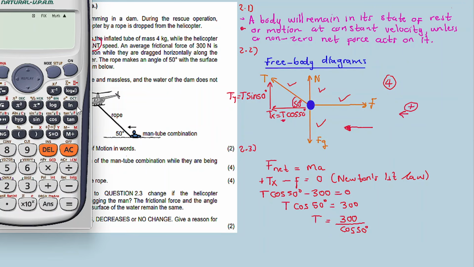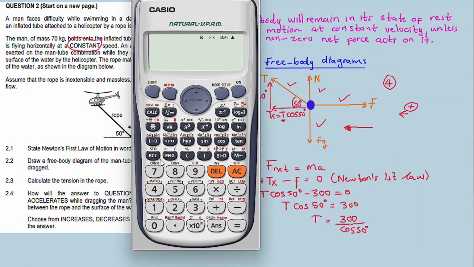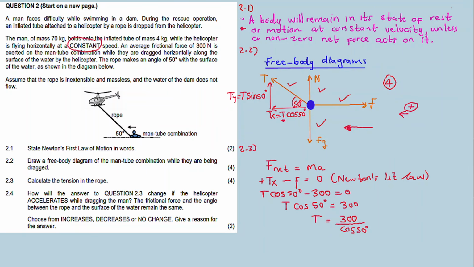Okay, calculator. 300 divided by cos 50 degrees is equal to 466.72 newtons. So this is the tension in the rope.